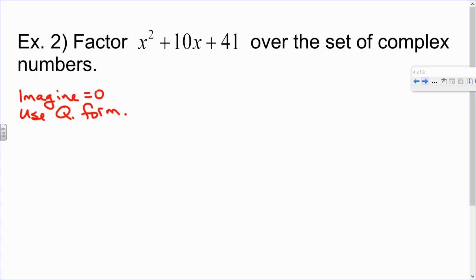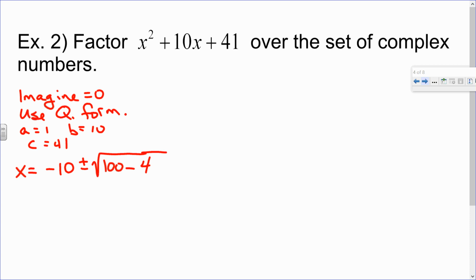So I'm going to let a be 1, b is 10, c is 41, and say that that means x is the opposite of b, plus or minus the square root of b squared, 100, minus, this time I will write down my 4 times a, so times 1, times c, so times 41, all over 2 times a, so 2 times 1.